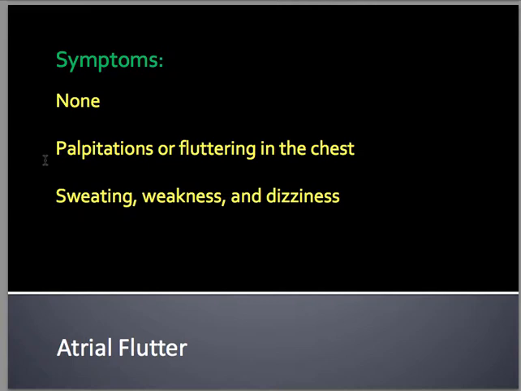If the rate is too fast, it may be associated with sweating, weakness, or dizziness. And with the sudden onset of atrial flutter, which can come and go without any warning, the symptoms are more pronounced than if someone had a chronic atrial flutter with a controlled ventricular rate.